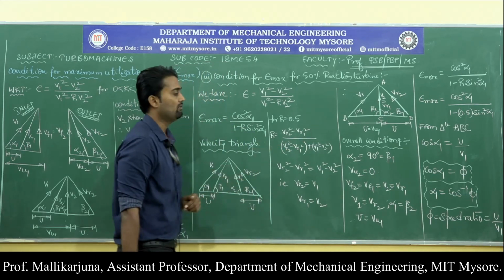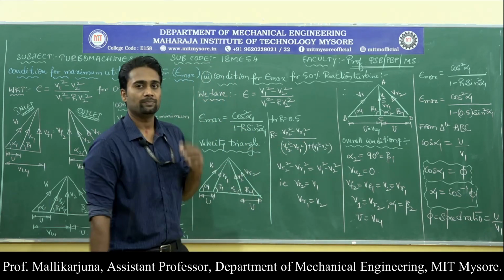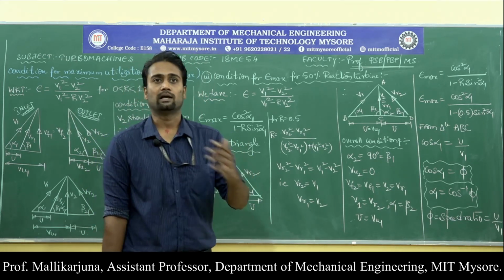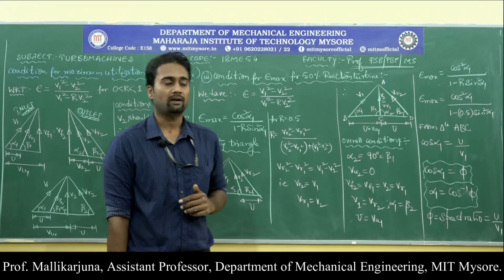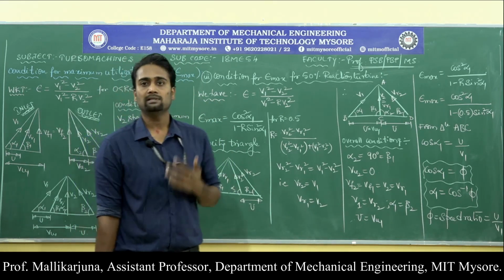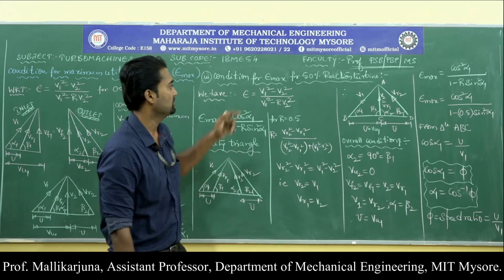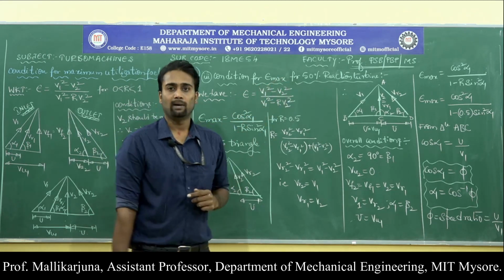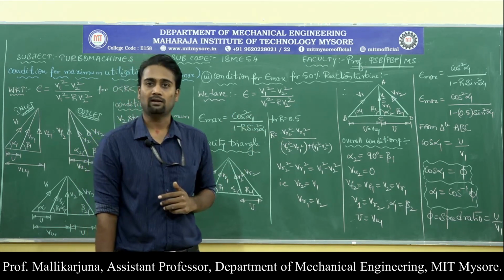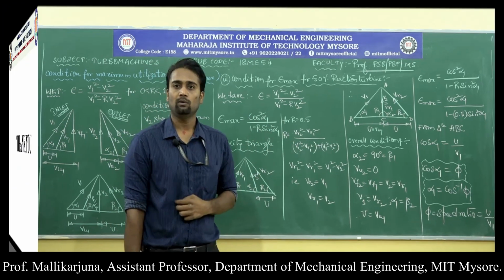So now we have obtained the general condition for the turbines maximum utilization factor and the condition for pure impulse machines and the condition for reaction machines. So these three are the maximum utilization factor conditions for the turbo machines.